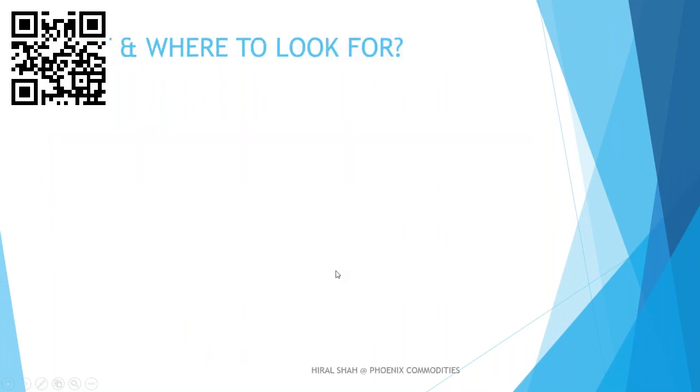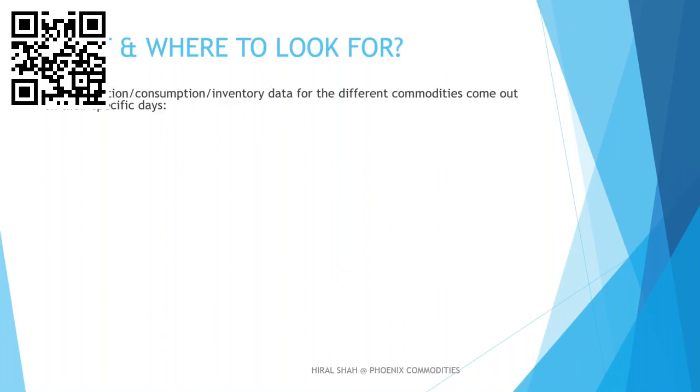Yeah. So what and where to look for would always be a query for us. Where we need to look for the production or the inventory data for the different commodities comes on specific days, such as for WTI crude oil, the API survey on Tuesdays and the EIA report on Wednesdays.